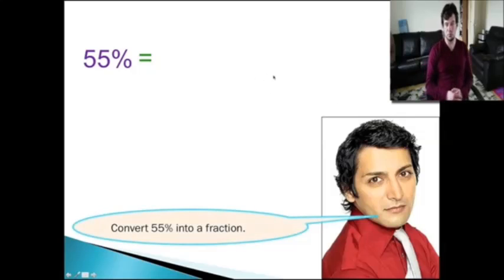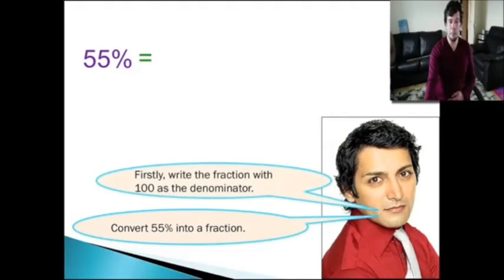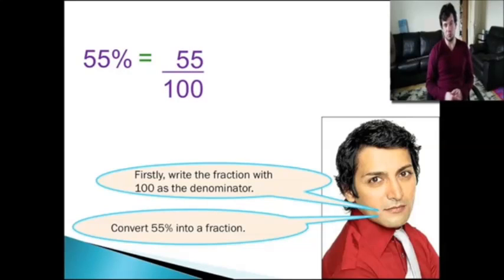Convert 55% into a fraction. Now, 55% means 55 over 100. Firstly, write the fraction with 100 as the denominator. What is the biggest number that goes into 55 and 100? 5 is the biggest factor that goes into both.